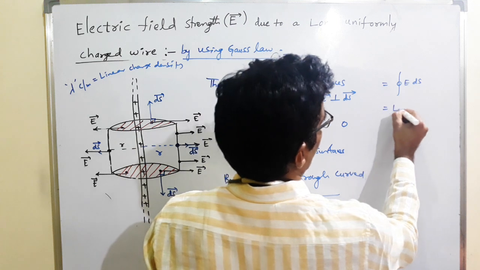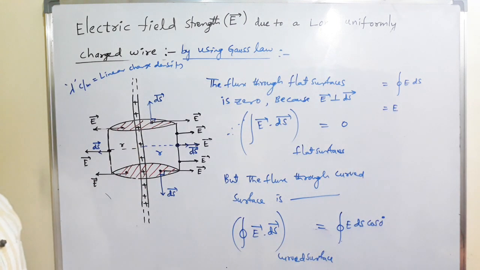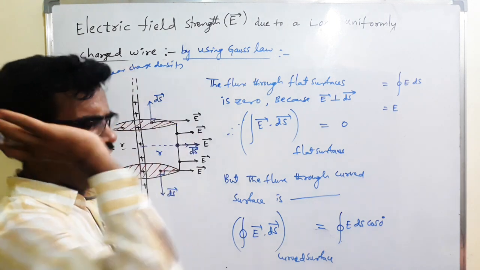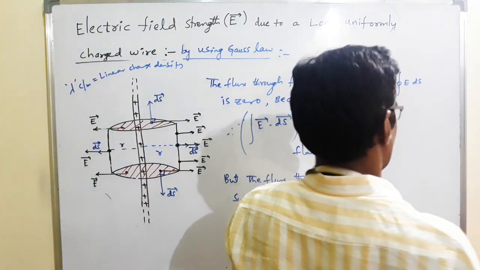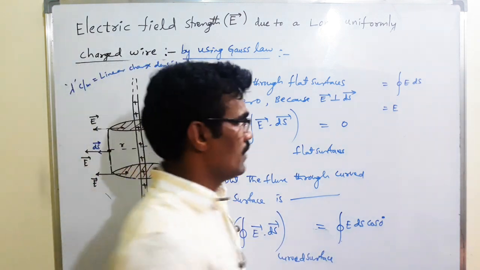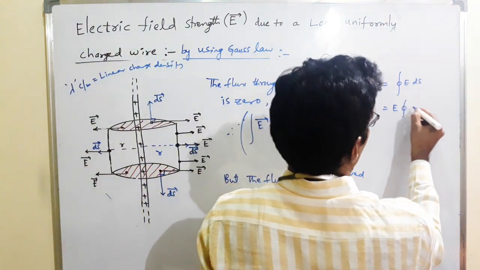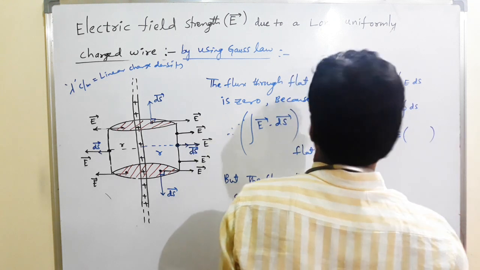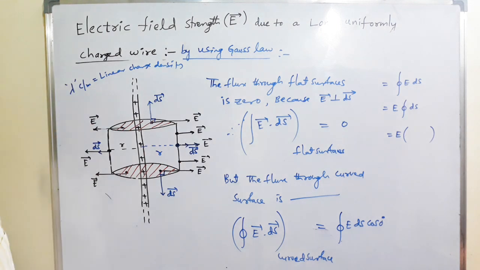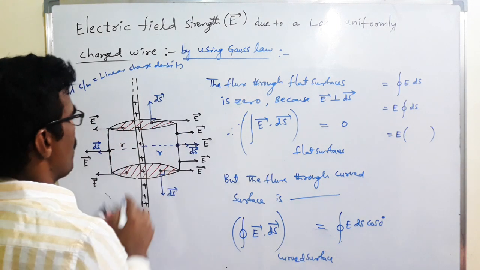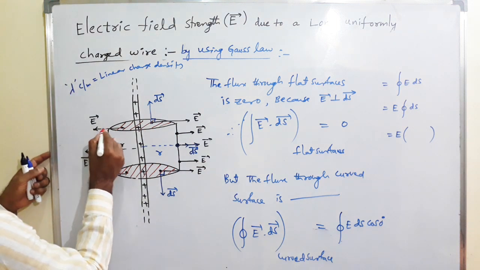Suppose E is constant, the field on the Gaussian surface is the same everywhere. Only under that condition is Gauss law applicable. Therefore the integration of E ds is E times the integration of ds, which is the area of the curved cylinder.